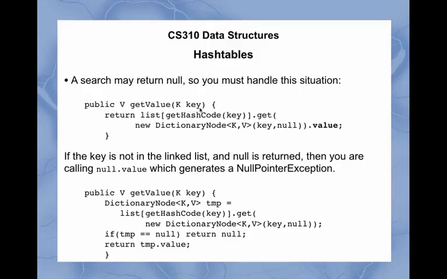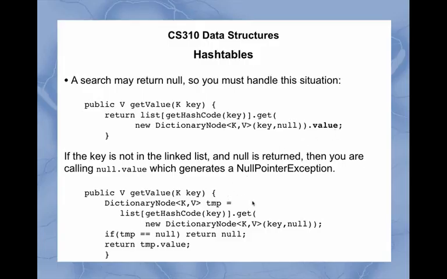However, you have to be aware that you might have an unsuccessful search. If you have an unsuccessful search, then the linked list method, this get here is the linked list method, will return null. So you're actually calling null.value, and you get a null pointer exception and crash. The solution to this problem is you must check the return value first.